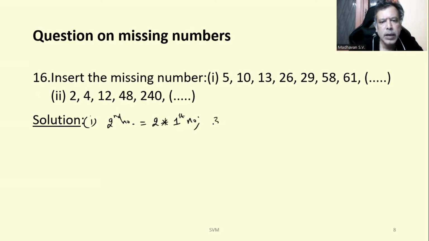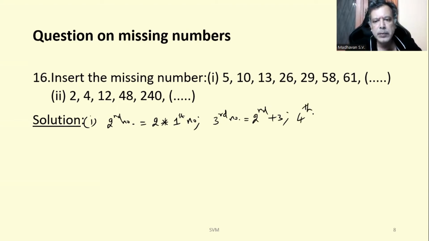Then the third number is the second number plus 3, and then the fourth number is 2 times the third number.